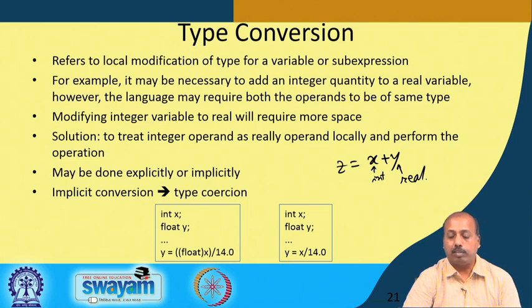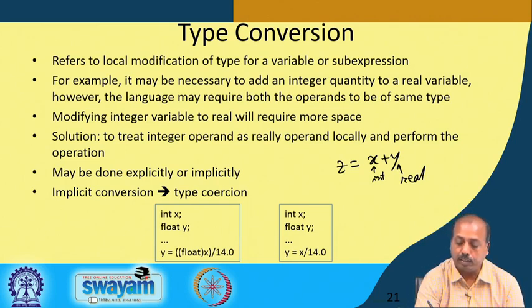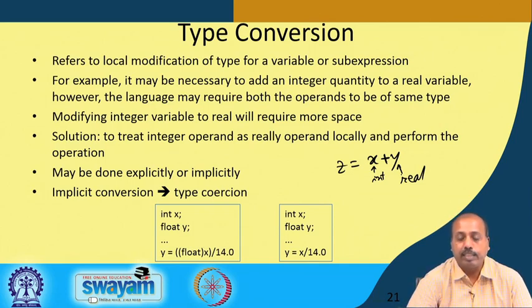Whenever the language says that with this plus operator the operands should be of same type, x and y should be of same type, but at some points of time it may be that they are of different types, and this may not be taken as an error.